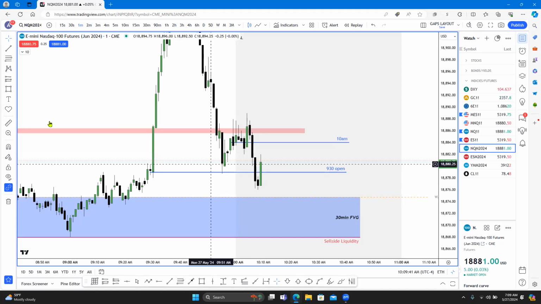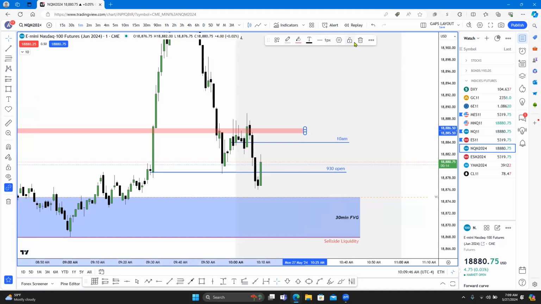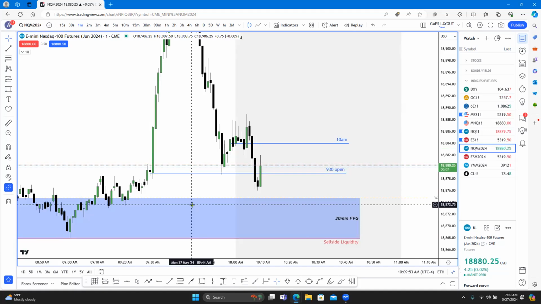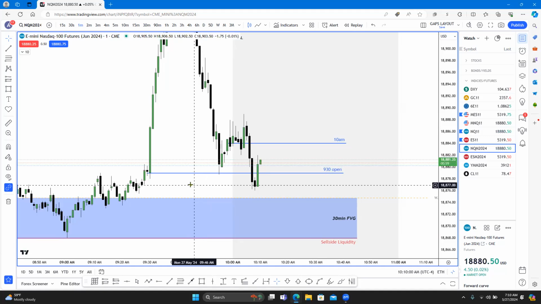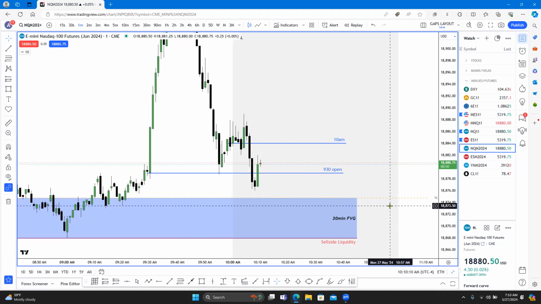So now if we're going to take buys, let's just say at this current moment, do you guys see where the potential breaker is being formed and where we would need to close above and invert in order to look at potential buys?